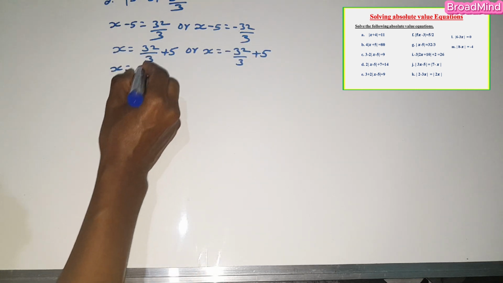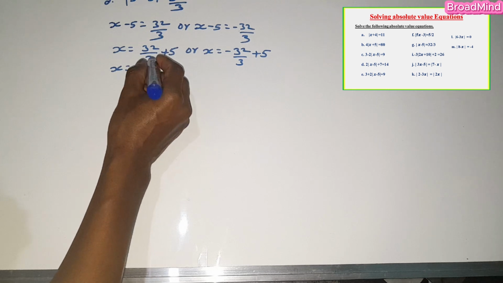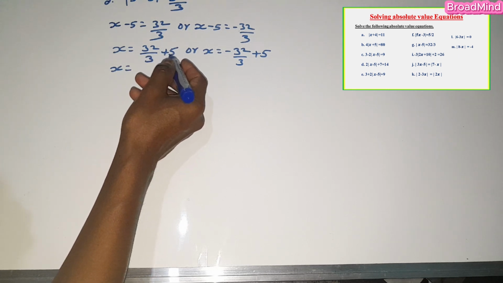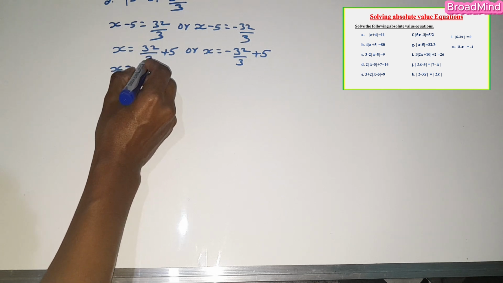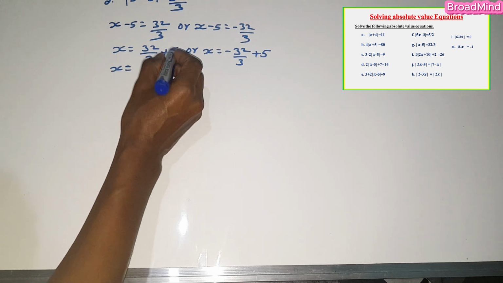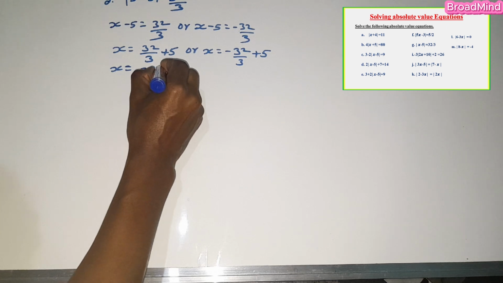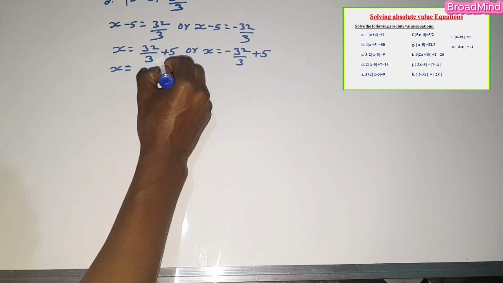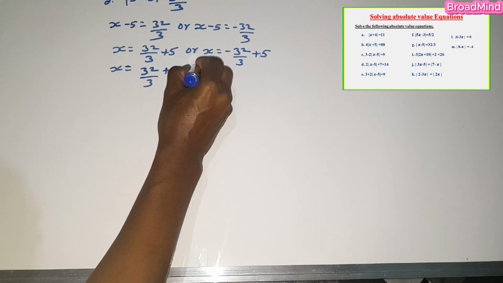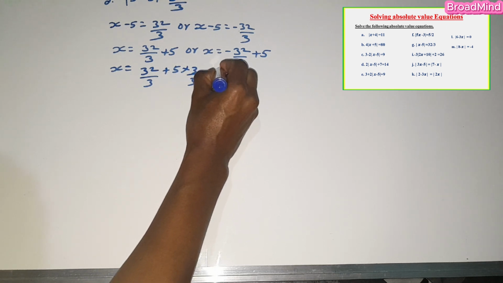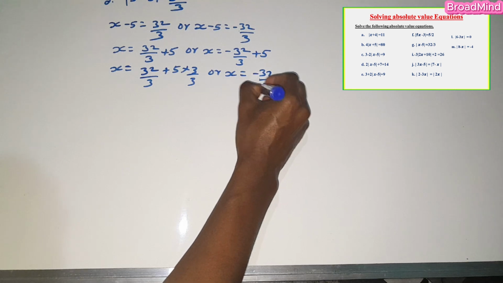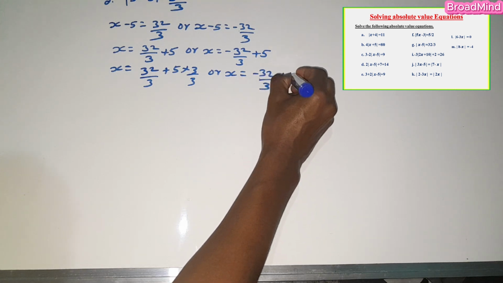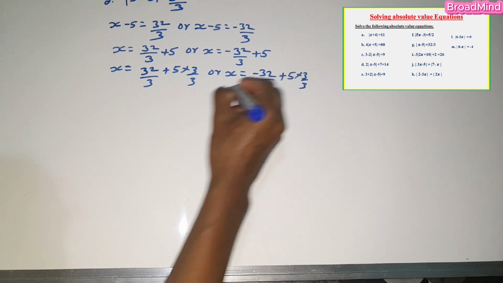We use the same procedure as we did above. Here the denominator is 3, so multiply by 3. 32 over 3 plus 5 multiplied by 3 over 3, or x is equal to negative 32 over 3 plus 5 multiplied by 3 over 3.